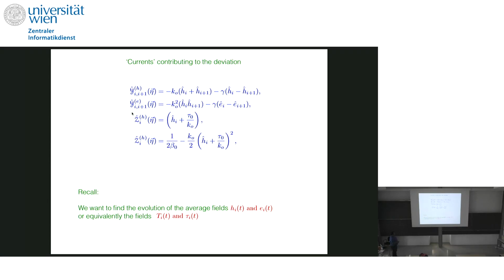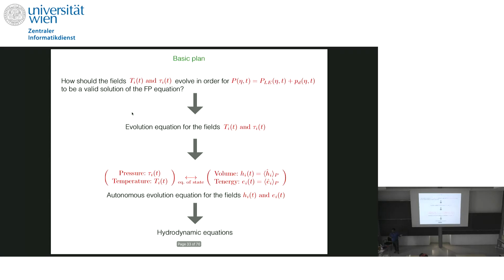Okay, so recall what we want to do. We want to find the evolution of the average fields, or equivalently the temperature and the pressure fields. To answer this question, I want the solution that I wrote in this form to be valid at all times for the Fokker-Planck equation, and ask what equation these fields should satisfy by demanding this to be the solution of the Fokker-Planck equation.